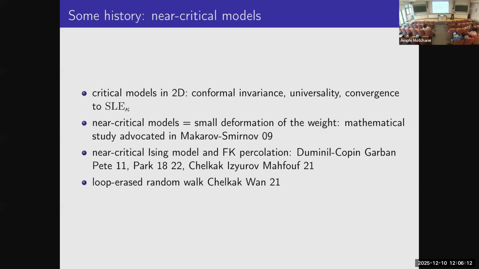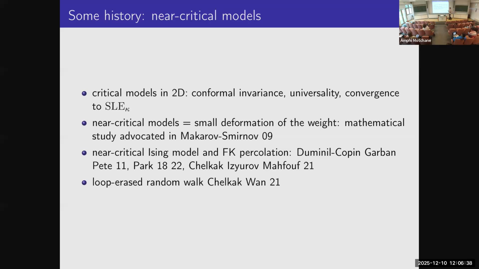Those models are also universal, in the sense that they should not depend on the details of the lattice. And in the last 20 years, mathematicians have proved a lot of convergence and scaling limit results on the critical models, in particular some convergence results to SLE kappa. So this is for the critical models.